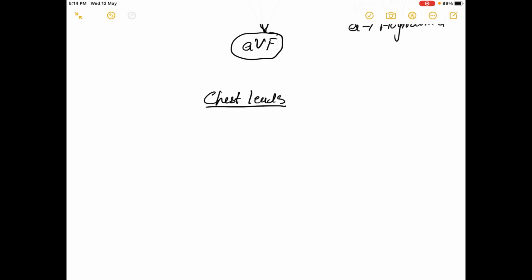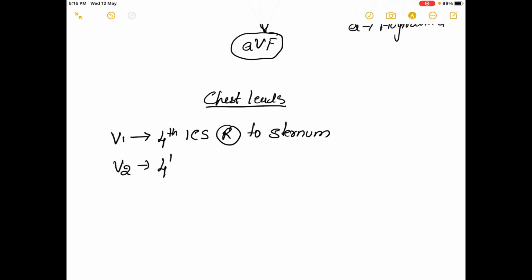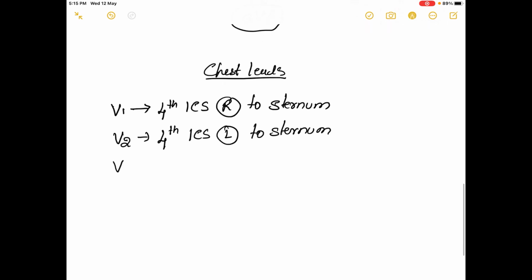V1, the first chest lead, is placed on the 4th intercostal space to the right of the sternum. The second chest lead, V2, is connected to the 4th intercostal space to the left of the sternum, and V3 is the third electrode, placed between the second lead and the 4th lead.